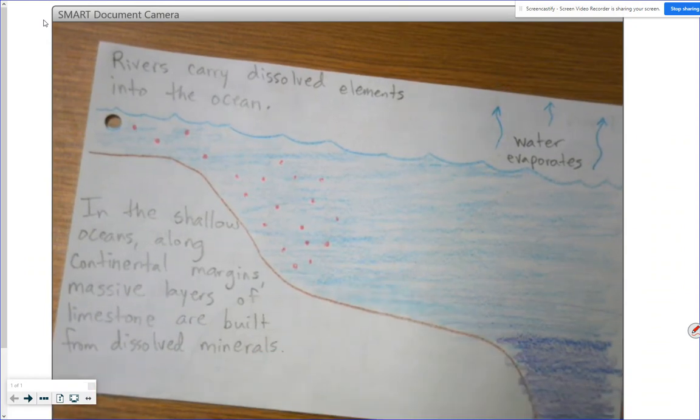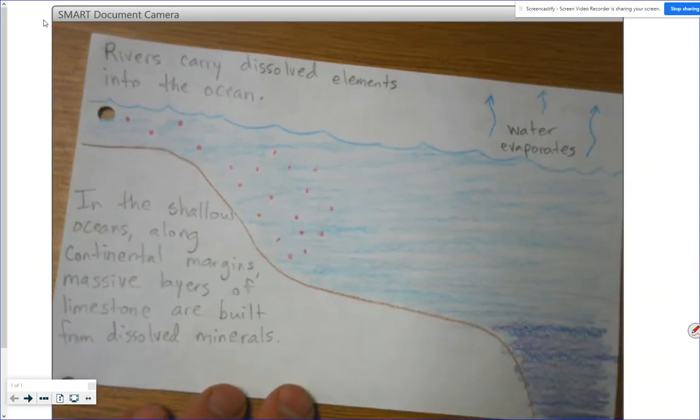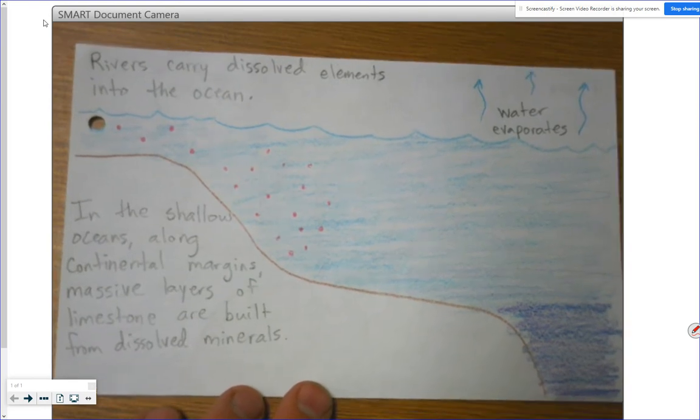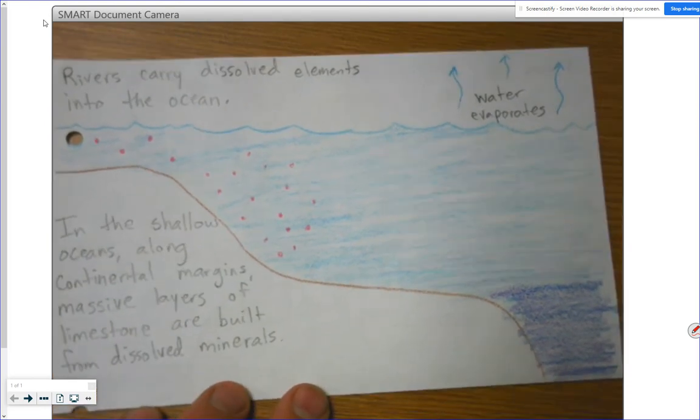All right, so in the shallow oceans along continental margins, massive layers of limestone are built from dissolved minerals.